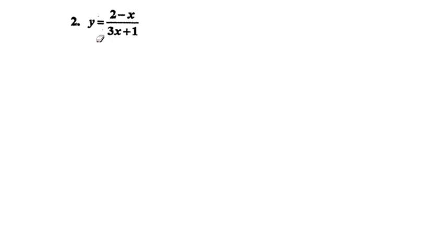y equals 2 minus x over 3x plus 1. And what we have here is not a product of two functions, but a quotient. So we have this low, I'm boxing in purple. This high one, I'm boxing in blue. And the way I like to do it is to just organize this.